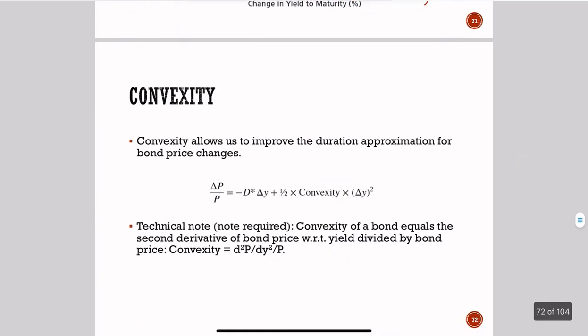So that's why we need a more accurate formula. Now, how do you improve this formula? We know that the original duration rule wasn't so accurate if the yield change is large. The reason for that problem is convexity.